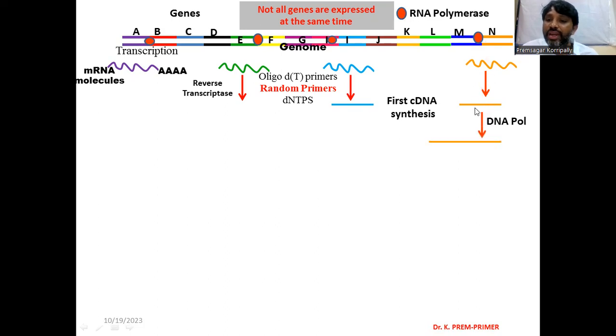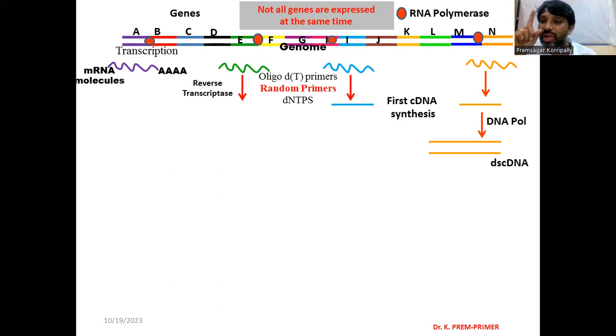Once you have the first strand, you can use the Klenow DNA fragment or E. coli DNA polymerase or any other DNA polymerase to synthesize the second strand from the first strand, right? You get a second strand, double-strand cDNA. Now we have isolated mRNA and converted it into the first strand.